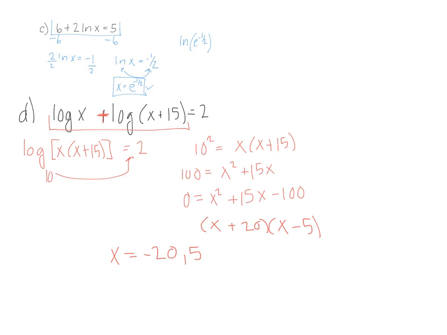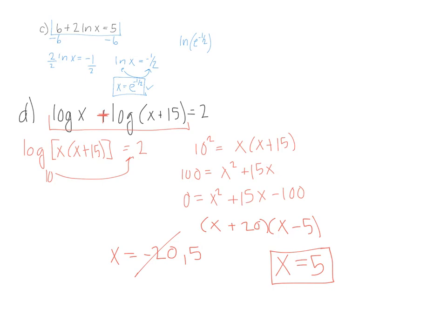If I plug negative 20 into my first equation, I get log of negative 20, and you cannot do that. So negative 20 is not a solution. If I plug 5 in, log of 5 works, and 5 plus 15 is 20, so log of 20 works. So my answer is only x equals 5.